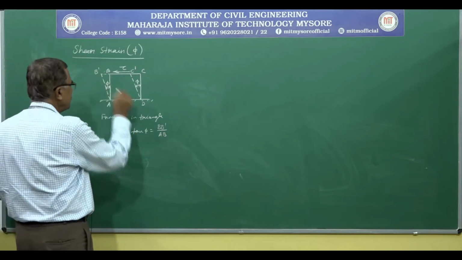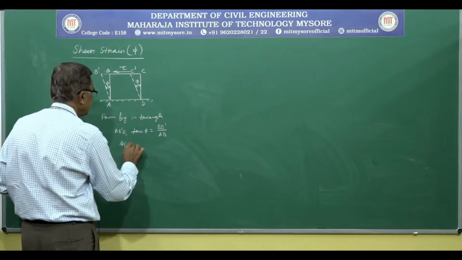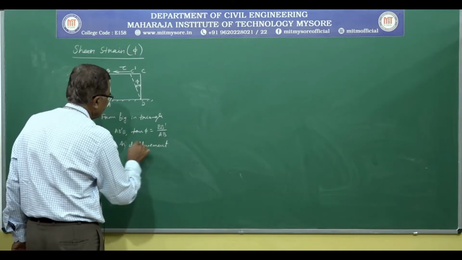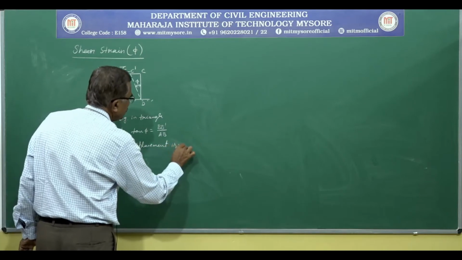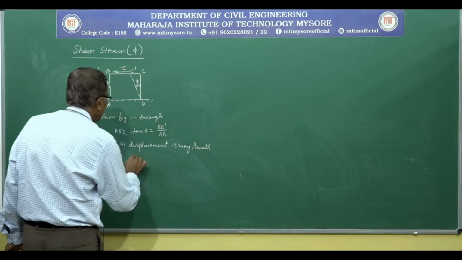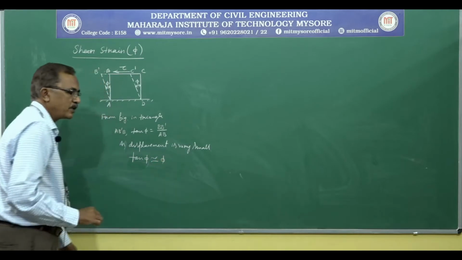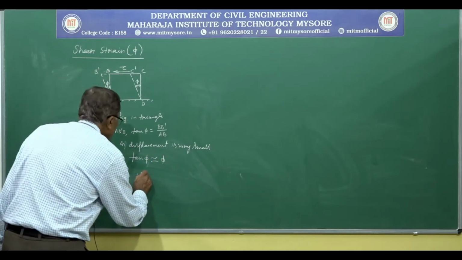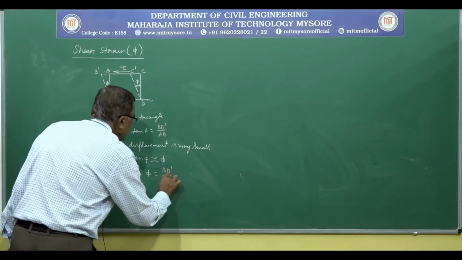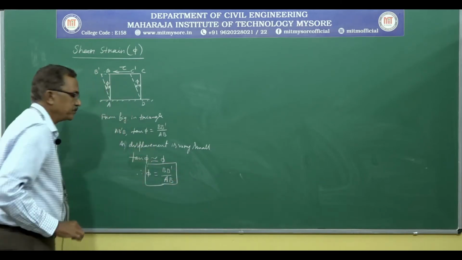As displacement is very small, tan phi is approximately equal to phi, that is shear strain. Therefore, phi is equal to BB dash divided by AB. So, this is shear strain.